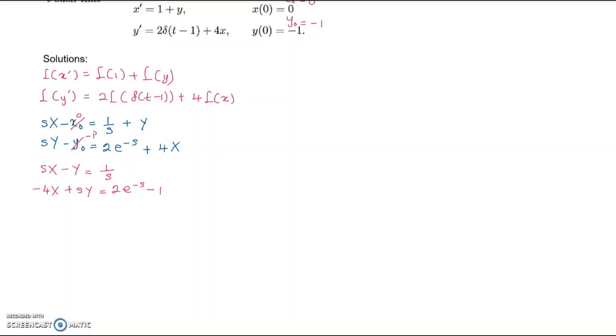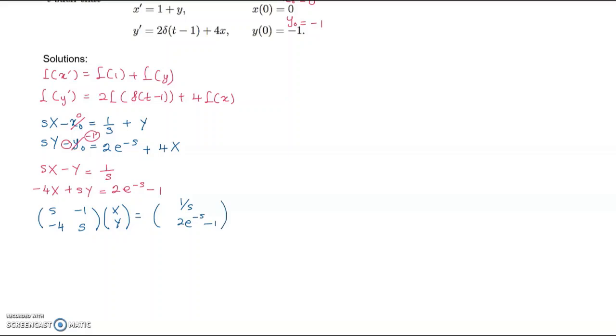Because this negative 1 with this negative is positive, but when we put on the right hand side, it becomes negative 1. So in terms of matrix form, we have s, negative 1, negative 4, s. The variables are X and Y. At the right hand side, we have 1 over s and then 2 exponent negative s minus 1.